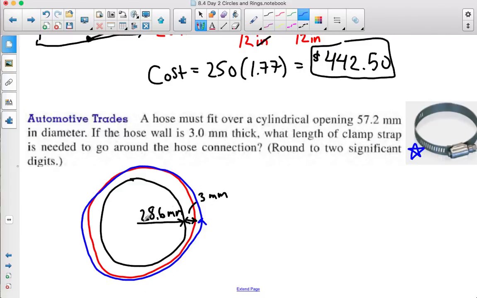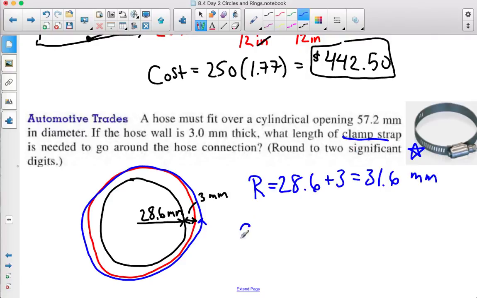So I first need to know what the total radius is. The total radius, big R, is 28.6 plus 3. That's 31.6 millimeters. The length of the clamp strap that would be needed is the circumference. And circumference is equal to 2 pi times my radius. My radius is the big radius, because it's got to go all the way around the outside.